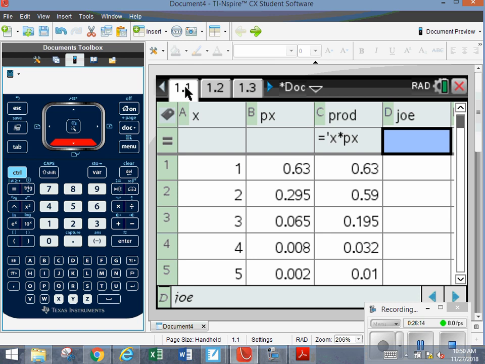So this is where we're going to calculate this x minus the mean squared times the probability of x. That's what we're going to calculate here.